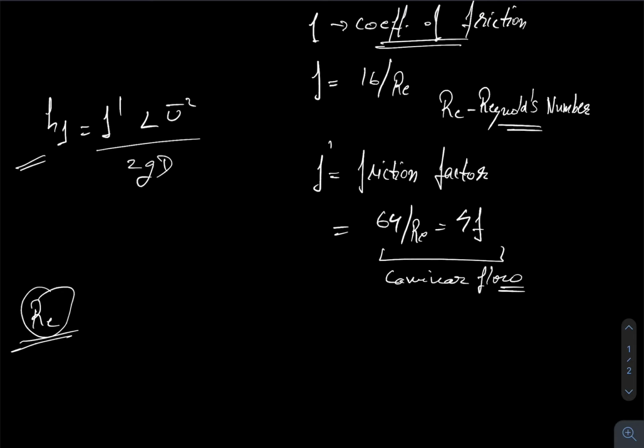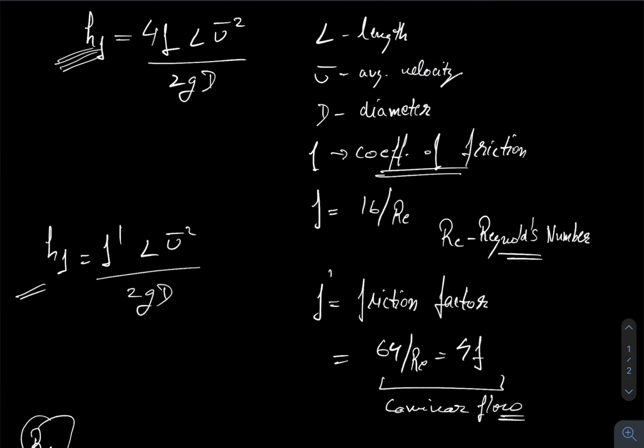So first you will check the category of your flow. If your flow is laminar, you can use Hazen-Poiseuille's equation or you can use Darcy's equation, depending on the type of variables that are given. You will have to decide which equation to use.